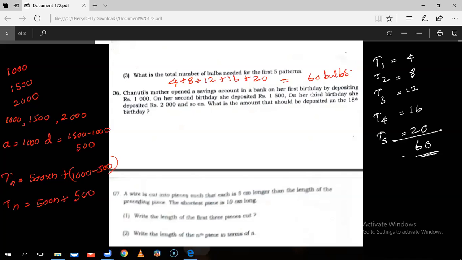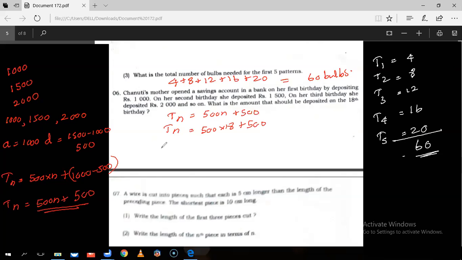500n plus 500. Now she is asking about the 18th birthday. So we can write the general term Tn is 500n plus 500. How much is going to be deposited on the 18th birthday? Tn equals 500 into 18 plus 500.